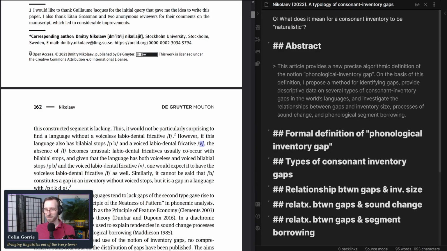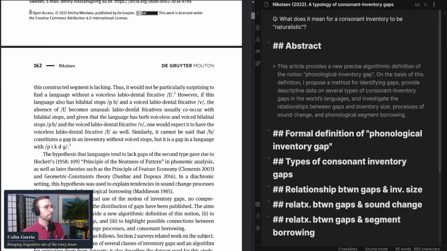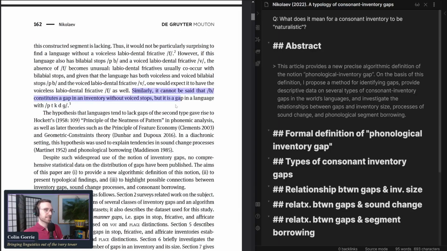Because, well, obstruents, which includes stops and fricatives, are sort of prototypically voiceless. So if you only have one, it's usually the voiceless one. Anyway, and here's another example. So if you don't have B, if you don't have the voiced bilabial stop, is that really a gap? Well, only if you have other voiced stops.